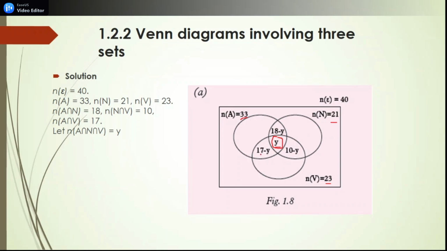We take 17 minus y, because 17 minus y plus y are all elements visited both Akagera and Virunga. The tourists who visited both Virunga and Nyungwe are 10, but in the intersection we have y. It is the reason we take 10 minus y.